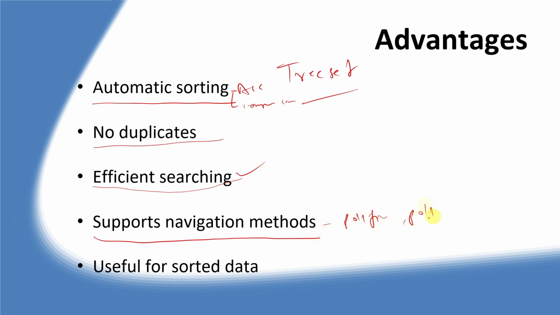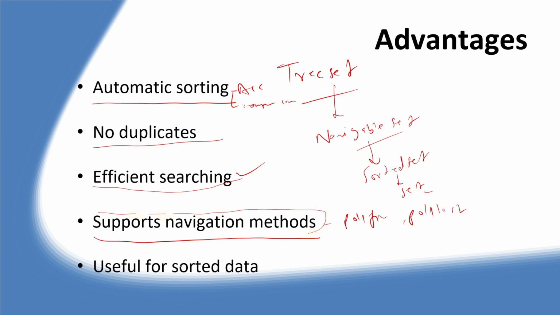Why is it supporting navigation methods? Since TreeSet implements the NavigableSet interface, which is a child interface of SortedSet, and SortedSet is a child interface of Set. So that's why it supports navigation methods.